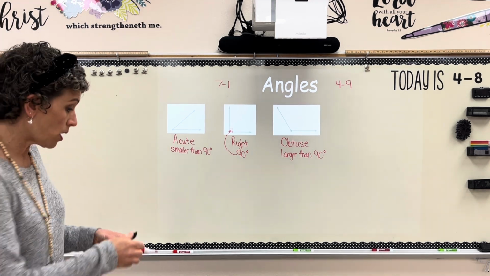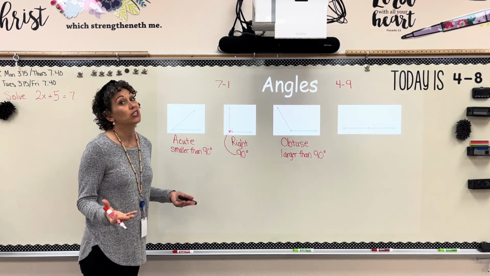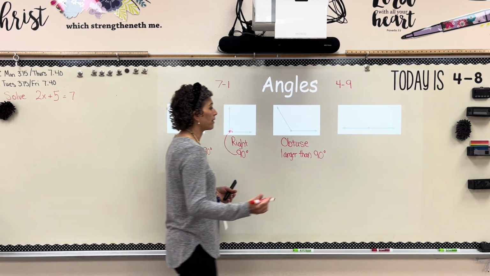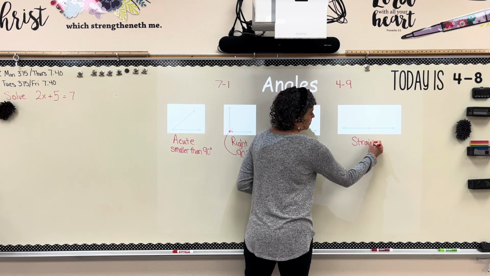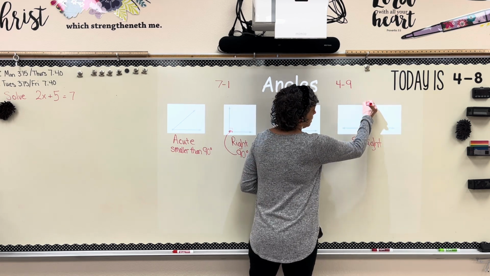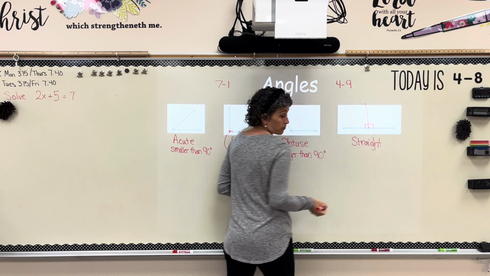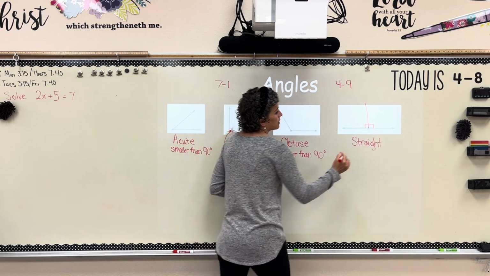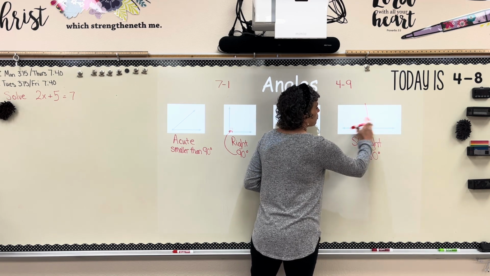There is a new one, which is this, okay? It looks like a straight line, and that's exactly what it is. So it is called straight. And if we were to look at this, we can see that there is a 90-degree angle on this side. There's a 90-degree angle on that side. So 90 plus 90 is exactly 180 degrees.